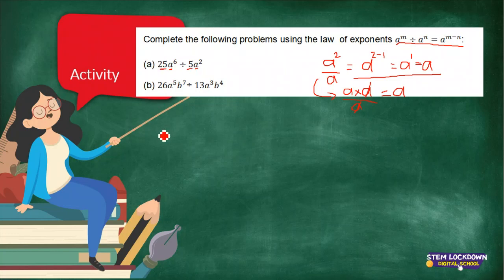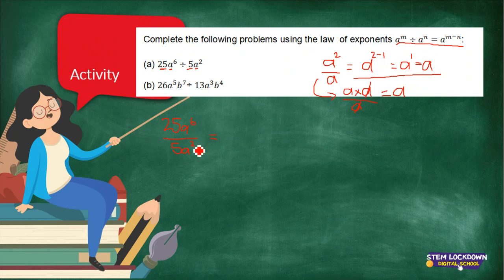Okay, so for the first one, A, 25a to the power 6 divided by 5a squared. Always rewrite the question from the question paper to your answering paper. Now, according to the rule, because I'm dividing, I need to subtract the powers.